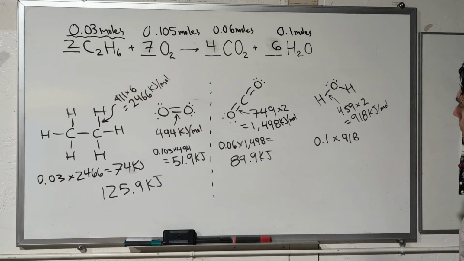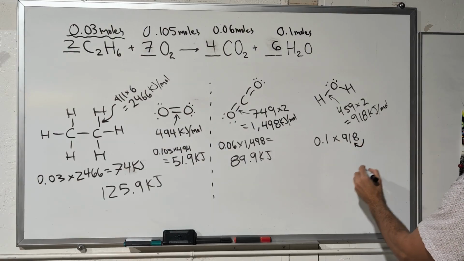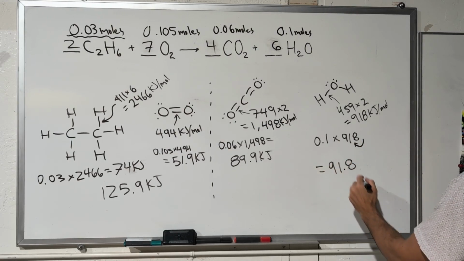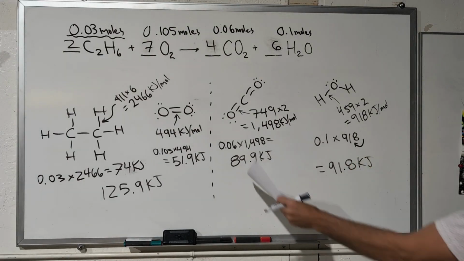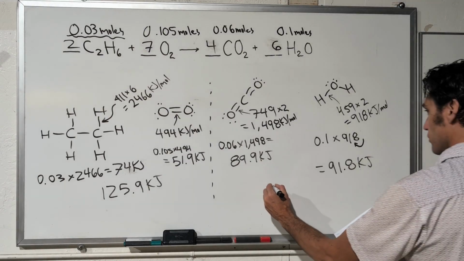That's easy math because 0.1 is 1/10, divided by 10. All you got to do is move the decimal place over 1. So this is 91.8 kilojoules to break that up. So this plus this is 181.7 kilojoules.